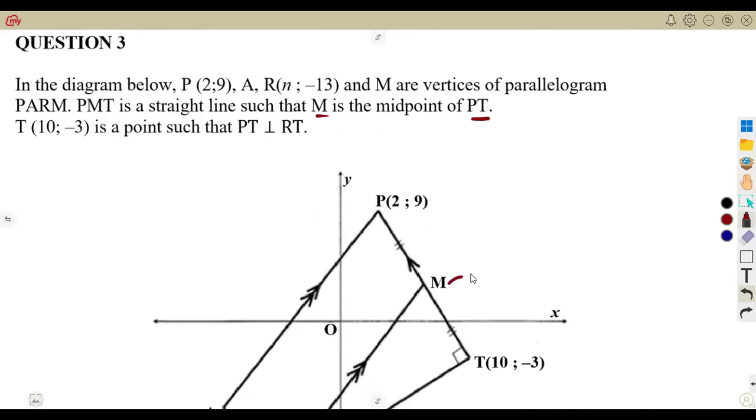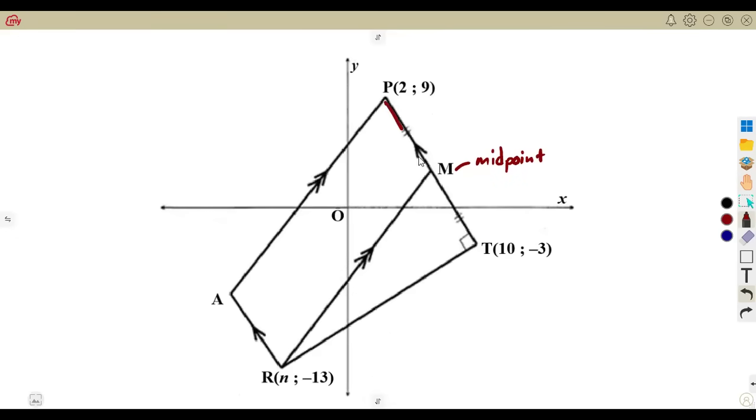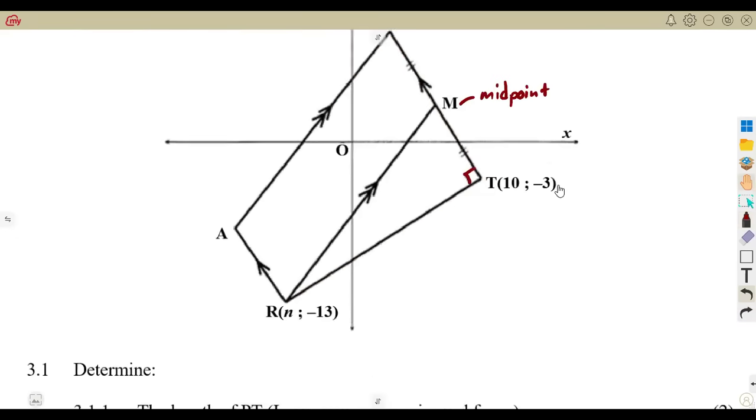So this M here is representing the midpoint of PT. Then we are given the point T is such that PT is perpendicular to RT. So we can even see from our presentation, this is line PT, this is line RT. They are shown to be perpendicular at 90 degrees. All right, so this is what we are given.